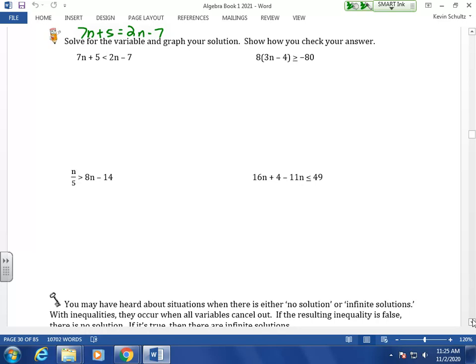And that variable being on the right side, when it comes time to graph it, we might get confused, because typically we're used to that n being on the left side. So it's going to be better for us to subtract 2n from both sides and move it over to the left. That gives us 5n plus 5 is less than negative 7.